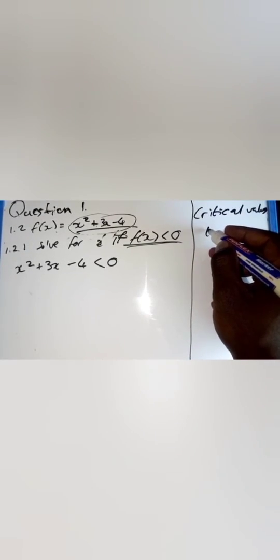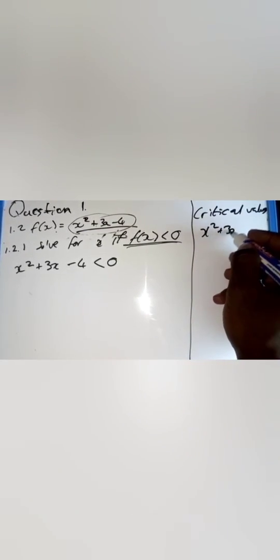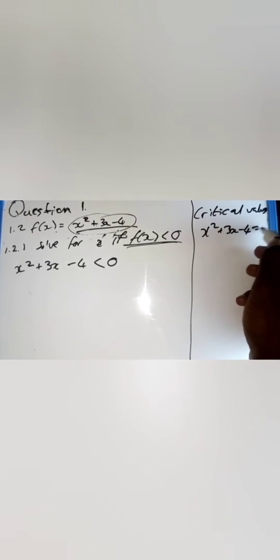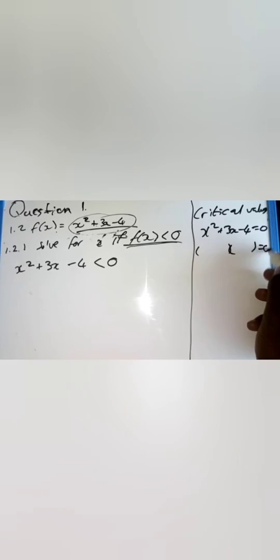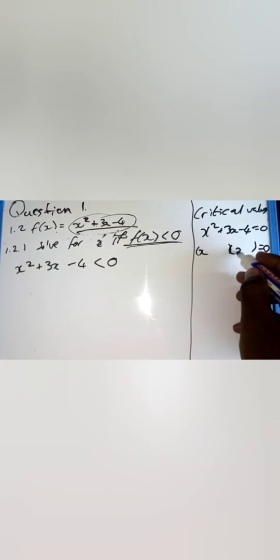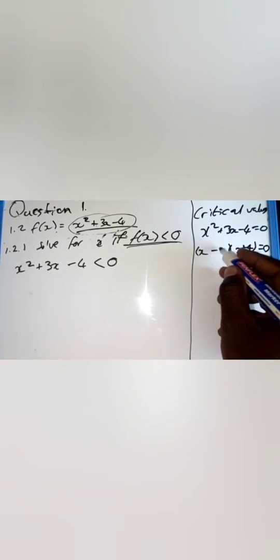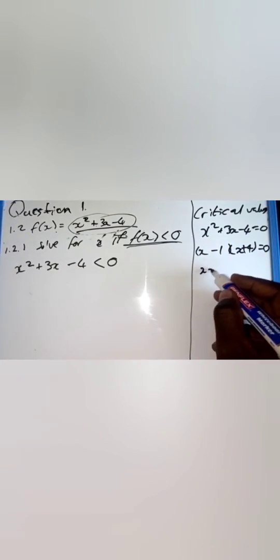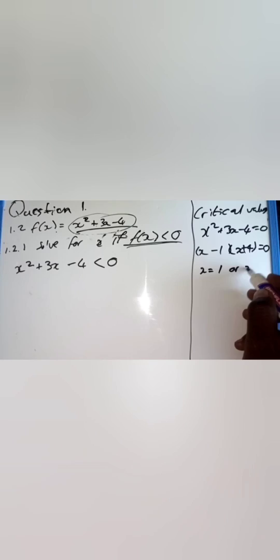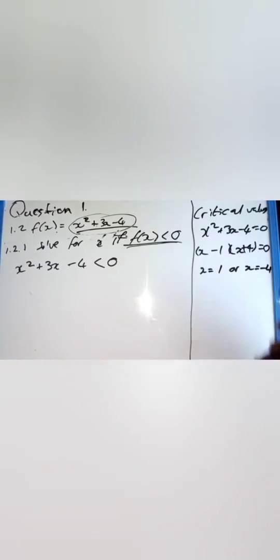We factorized in the other one, find your critical values basically. So critical values, you have x squared plus 3x minus 4 is equal to 0. You factorize this, we did it just now, first question, so it'll be x minus 1, x plus 4, so x will be equal to 1, or x will be equal to negative 4.